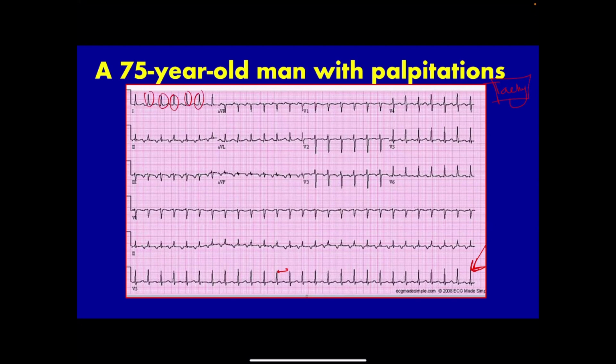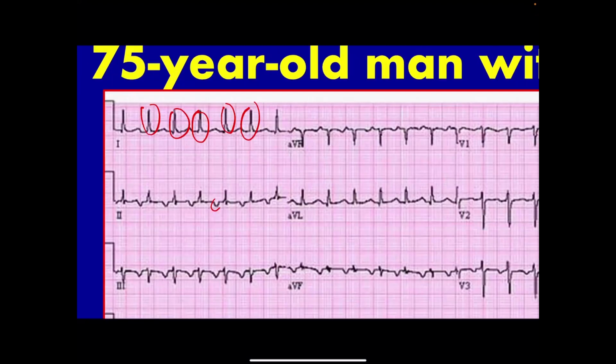Second step, is it regular or irregular? It looks very regular, right? 1/2, 1/2, 1/2. It's regular. Third step, is there a P wave or no P wave? Do you guys see P waves? Yes, there are P waves, but they're inverted, right? They're abnormal. Yeah.